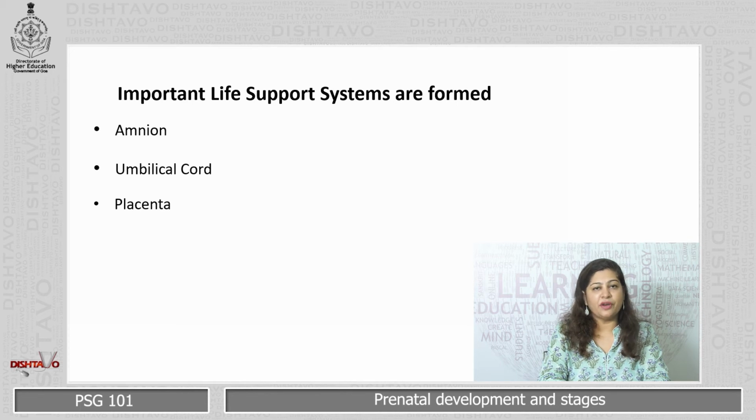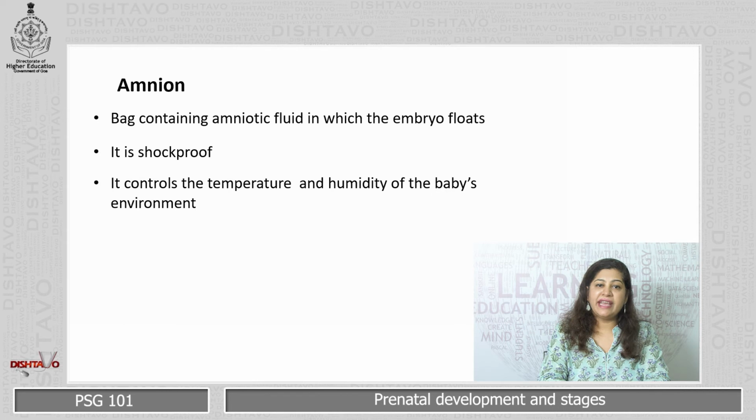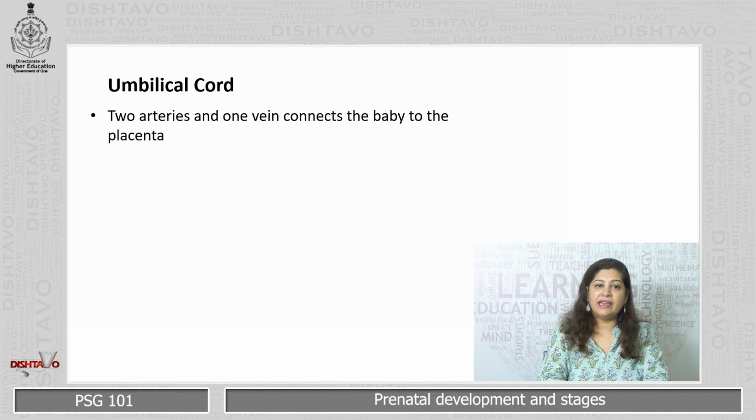So what's the amnion? It is a bag which contains amniotic fluid in which the embryo floats. It is shock-proof and it controls both the temperature and humidity of the baby's environment. The umbilical cord consists of 2 arteries and 1 vein which connects the baby to the placenta.